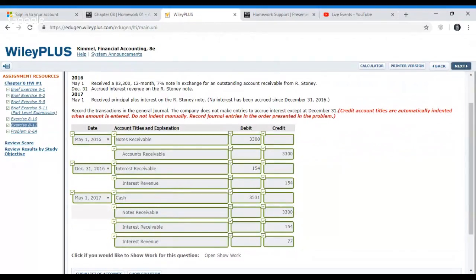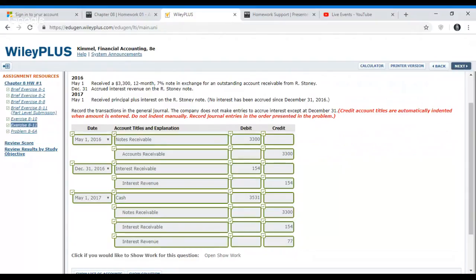That will help us in figuring out the rest of our numbers. So we put that in here as a credit, $3,300. And then the interest receivable from December 31st, 2016 is also credited. So we put our $154 here.